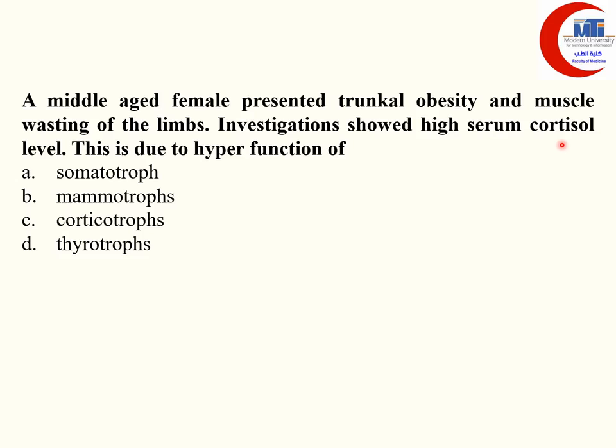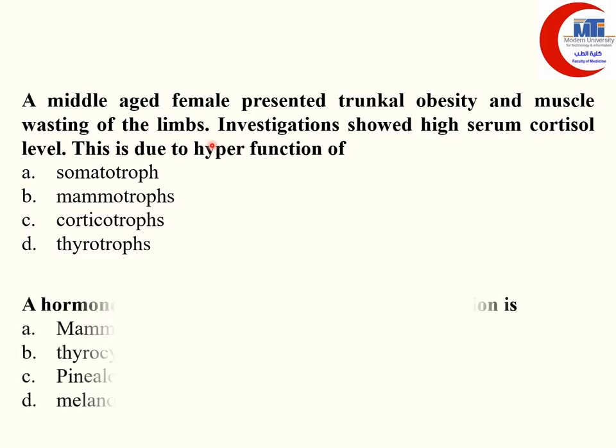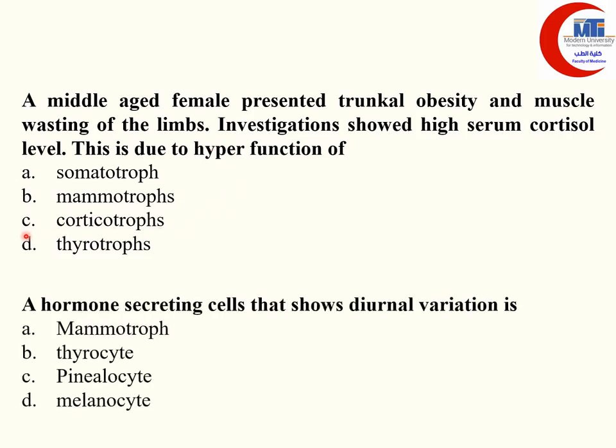The cells in the pituitary that are responsible for stimulation of zona fasciculata are corticotrophs. Corticotrophs secrete adrenocorticotropic hormone, which stimulates zona fasciculata in the adrenal cortex or suprarenal cortex to secrete cortisol. High cortisol level causes truncal obesity and muscle wasting of limbs. So the right answer, letter C, corticotrophs.